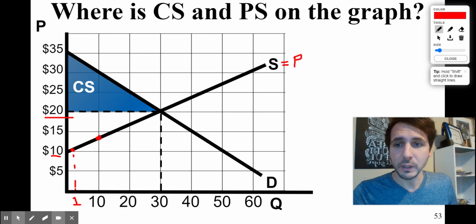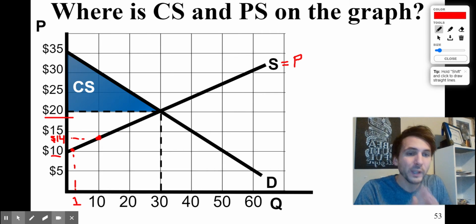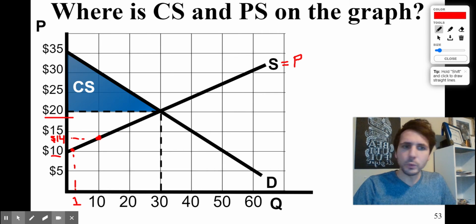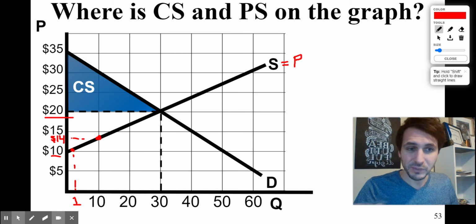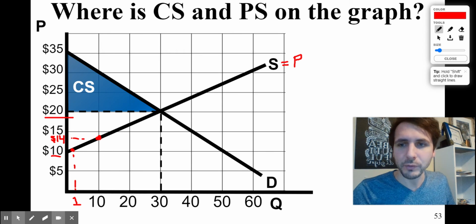At 10 units, there are 10 producers that are willing to supply at maybe like $14, right? So they're willing to sell it for $14. Few more jump into that because it's a higher price. Few more can get the profits there. That's reasonable. Do they have to sell it for $14 though, even though they're willing to? No, they sell it for $20.